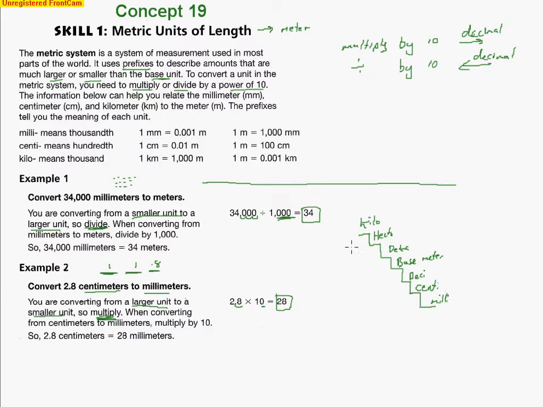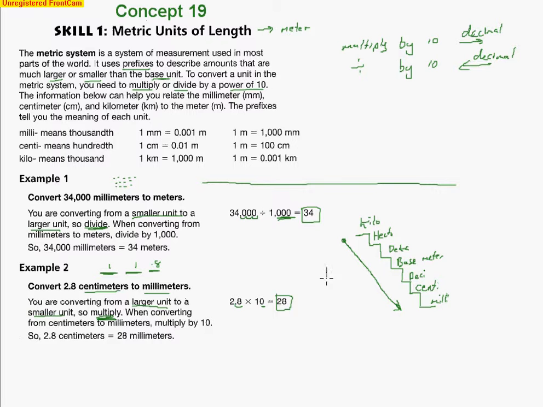And so if you remember this, as you're going from a big unit, like up here, towards a smaller unit, like down in this direction, look which way we're going. The stairs are going down, but we're also going to the right.